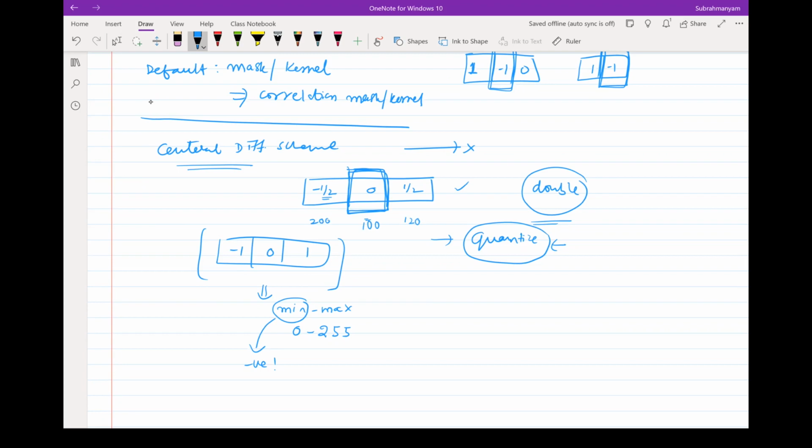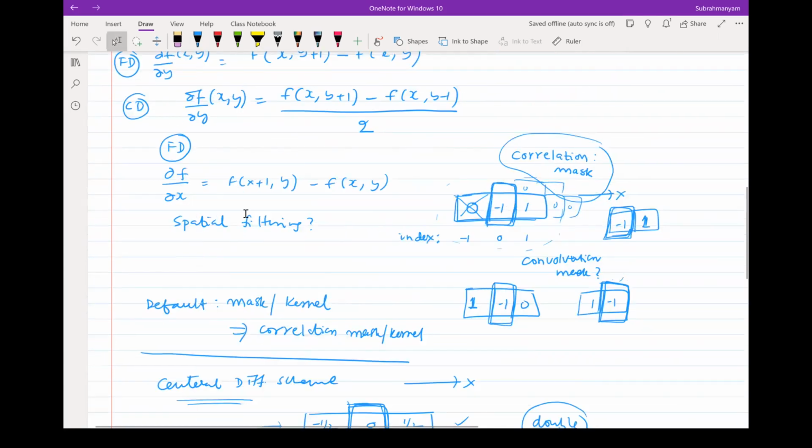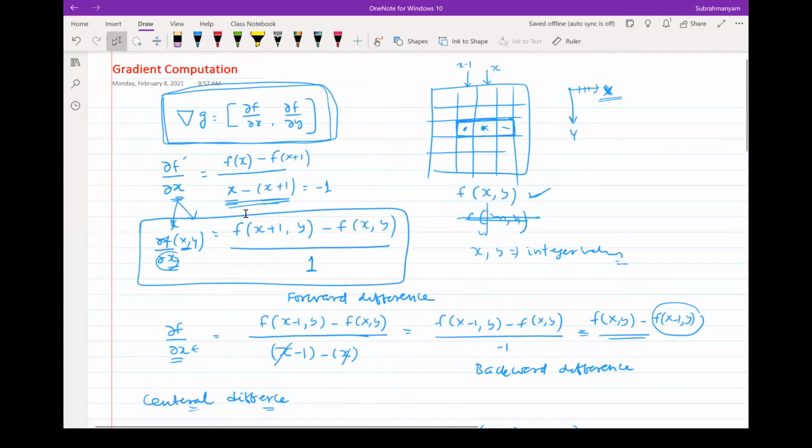What is my output here when I'm applying the central difference scheme? For example, here my value is 100, 120, 200. You need to find the derivative at this pixel. What is the value there? -40. Very good, correct, -40.